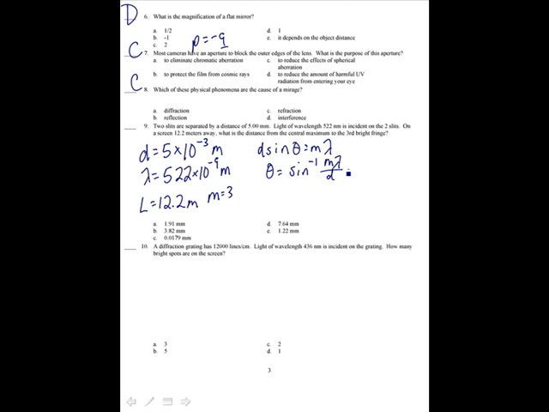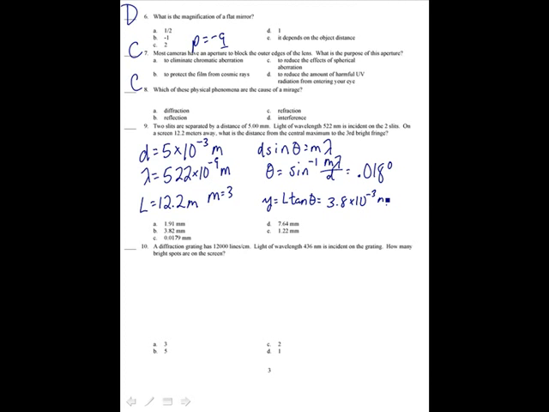Inverse sine. I get 0.018 degrees for theta, but I want to know the distance. That is y equals L tan theta, where L is 12.2, so I take the tan of that angle times 12.2, and I get 3.8 times 10 to the minus 3 meters.